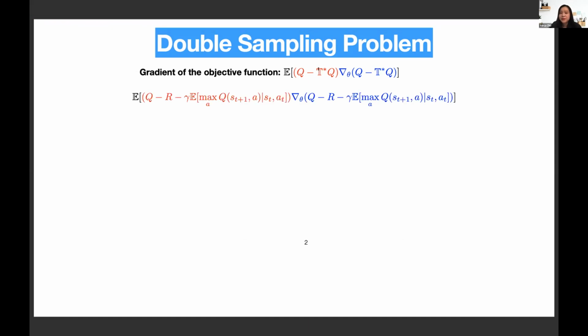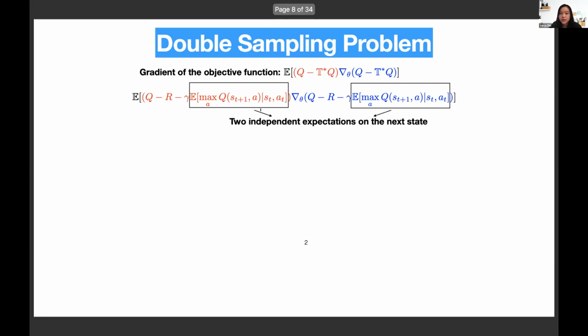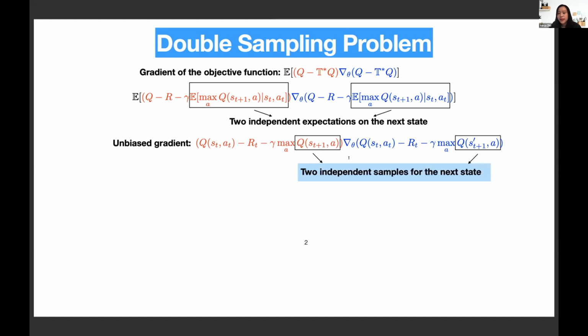And as we said before, the Bellman operator has a conditional expectation, so this term actually has 2 independent expectations on the next state. So in the unbiased stochastic gradient descent, we will require 2 independent samples for the next state. So this is called the double sampling problem.